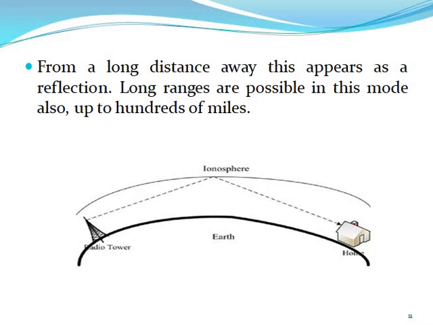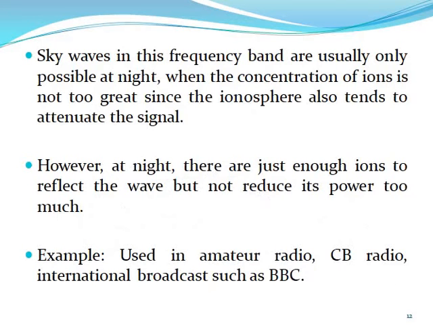So now next we can show that the sky wave is a frequently used band and is usually only possible at night, when the absorption in the ionosphere is not too great, since the ionosphere also attenuates the signal. However, at night the ions encourage reflection of the wave but do not reduce the power too much.